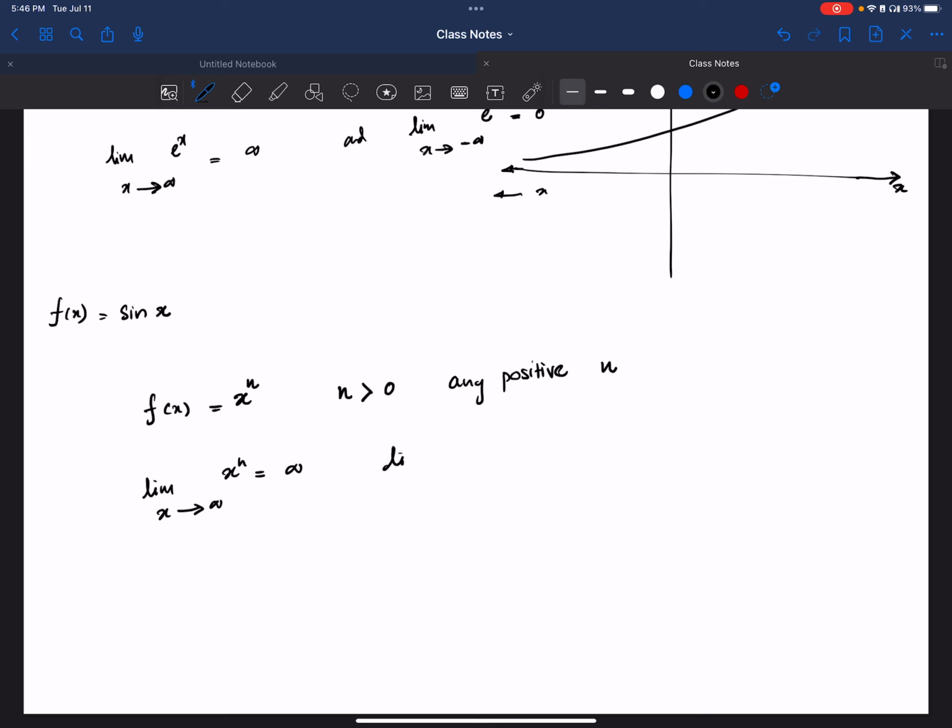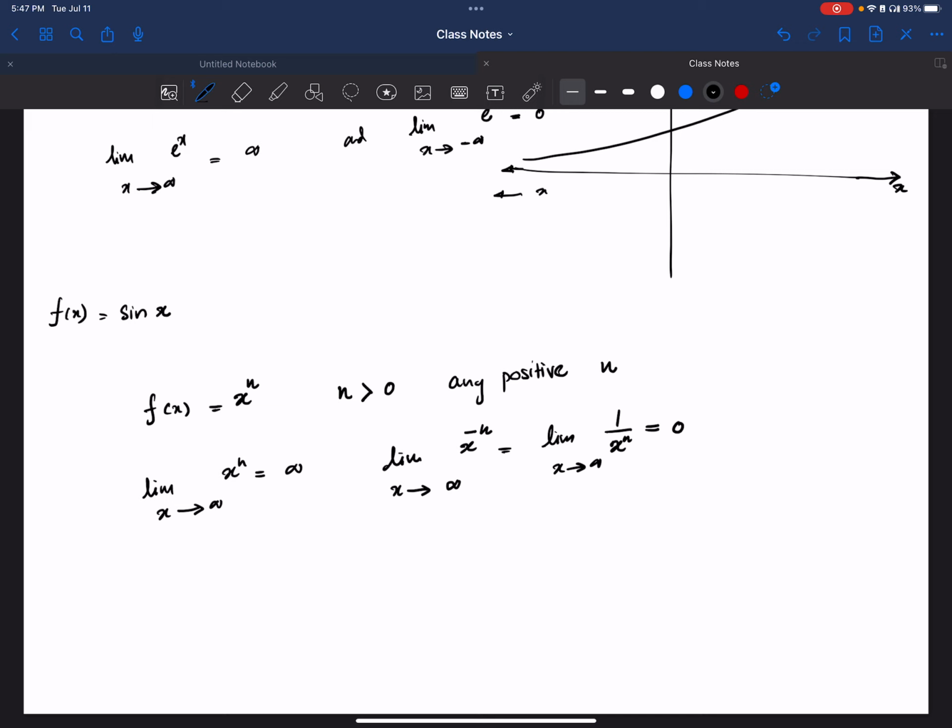And the limit as x goes to infinity of x to the power negative n, that is equal to the limit of 1 over x to the power n, goes to 0, for any positive number.